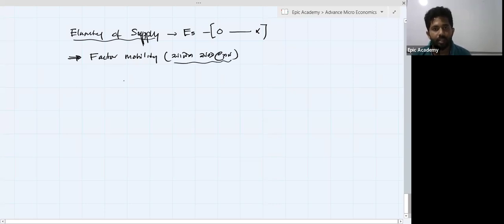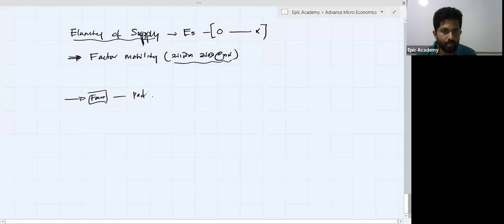Factor mobility. I will describe that by using an example. Factor mobility. So just consider one farmer who produces paddy. To produce paddy, he needs production factors: land, some equipment, some machinery, seeds, something like that.